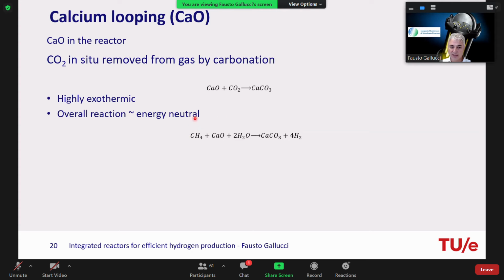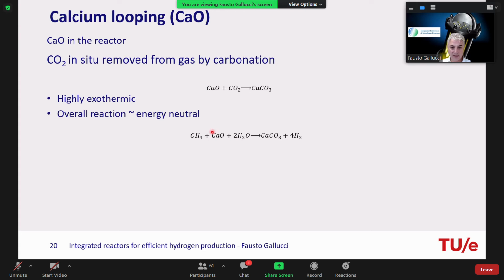Of course, it seems too nice to be true, because you remove the CO2 and you get also the energy required for the steam reforming. And indeed, every time something looks very good, there is a catch. In this particular case, you can see immediately, if this is the reaction, calcium oxide is a solid. So you have a number of moles of calcium oxide in your reactor.